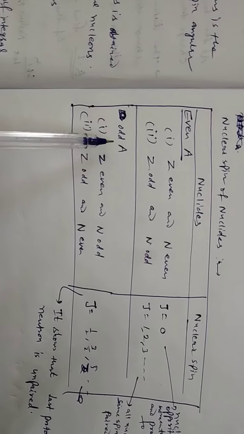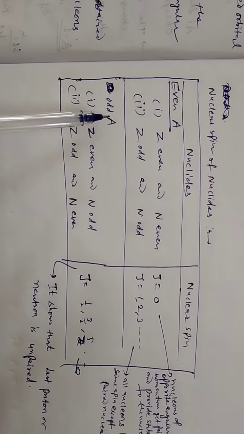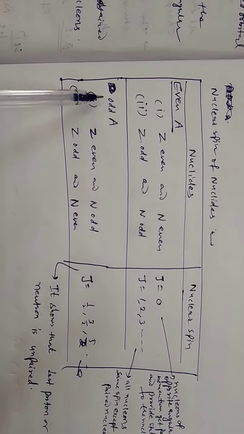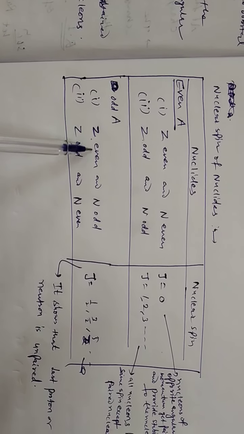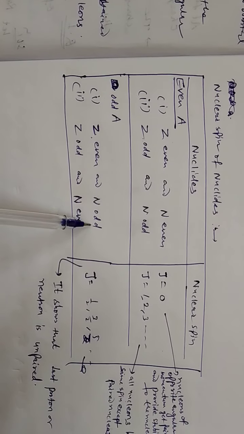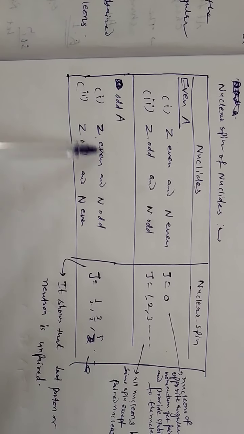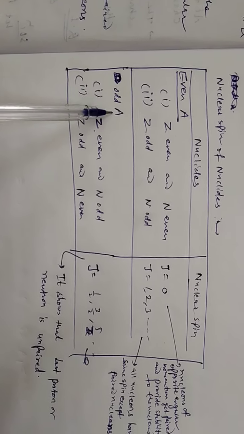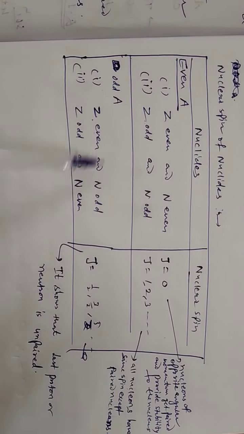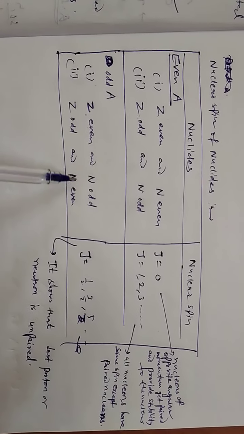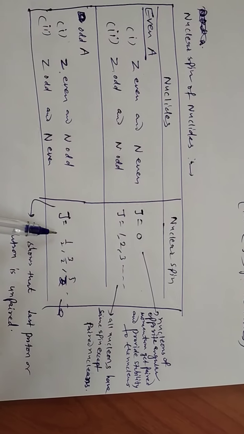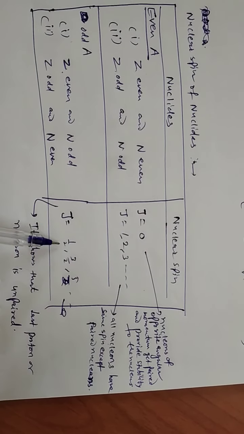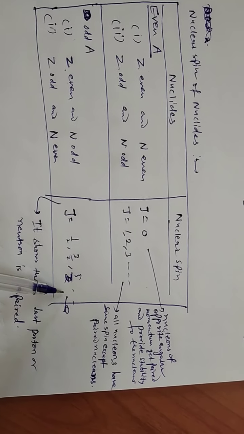Another condition is when A is odd. In this condition there are two options: when Z, the atomic number, is even and the number of neutrons is odd. If we add these two, then it gives odd A, and the other condition is the reverse. In these two conditions we get nuclear spin J equal to 1/2, 3/2, 5/2.